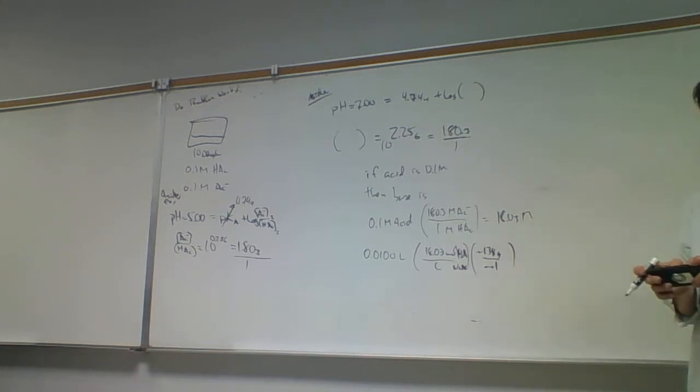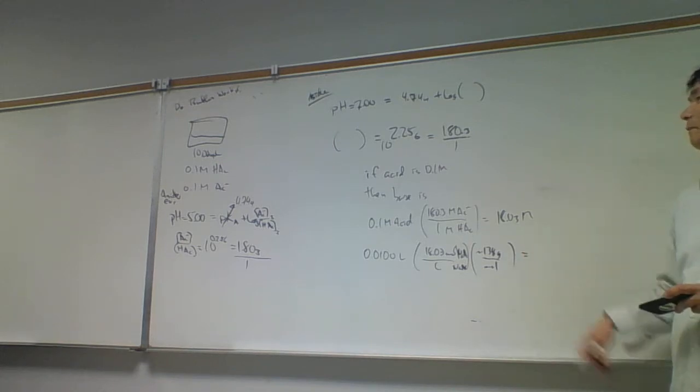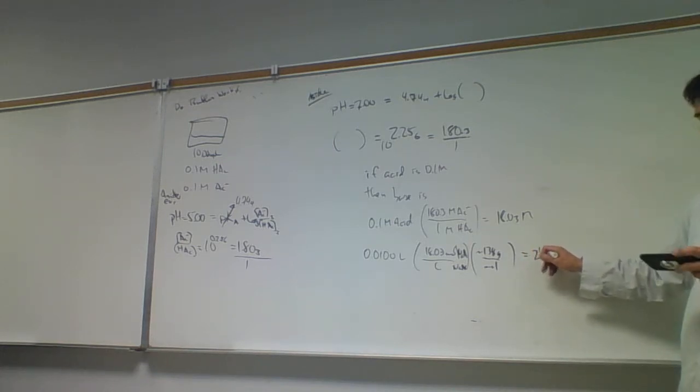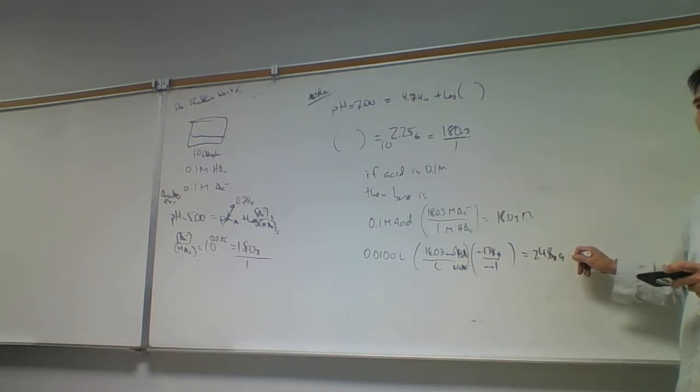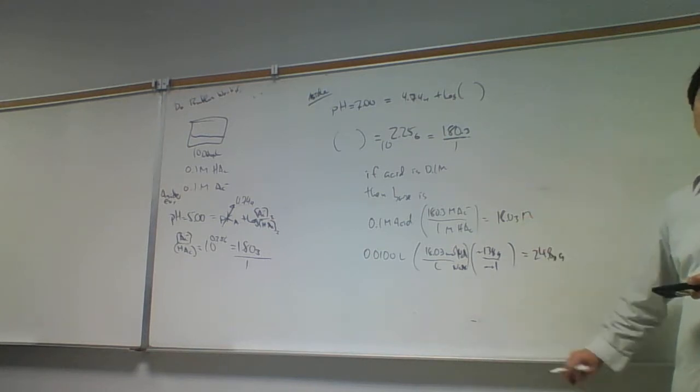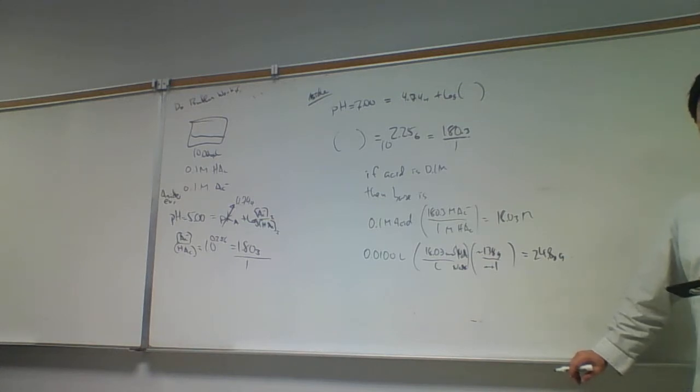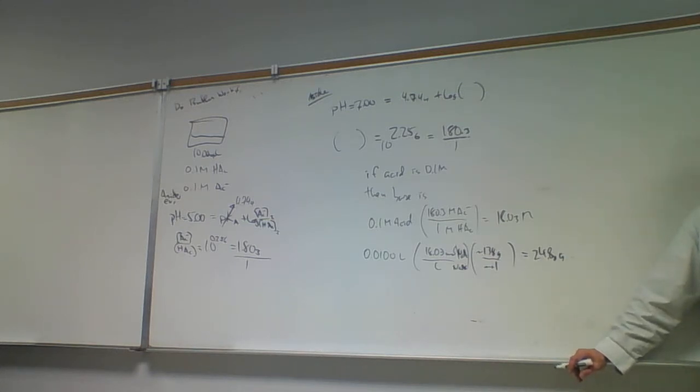It depends on which sodium acetate you use. It could be the anhydrous stuff, which has a different molar mass. So that's 0.01 times 18.03 times 138. And so we have to dissolve 24.88 grams of sodium acetate trihydrate in 10 milliliters of water. Is that going to be easy to do? 24.88 grams.